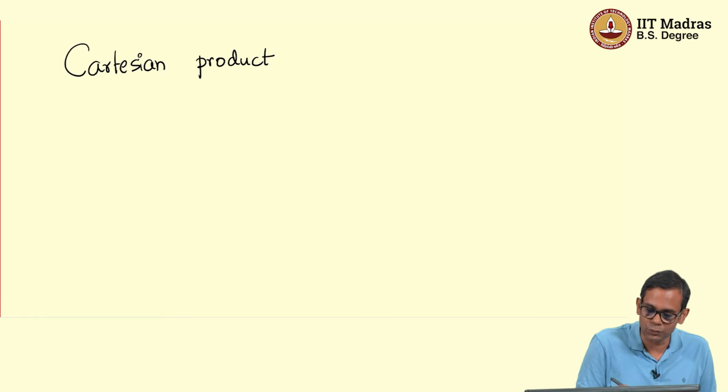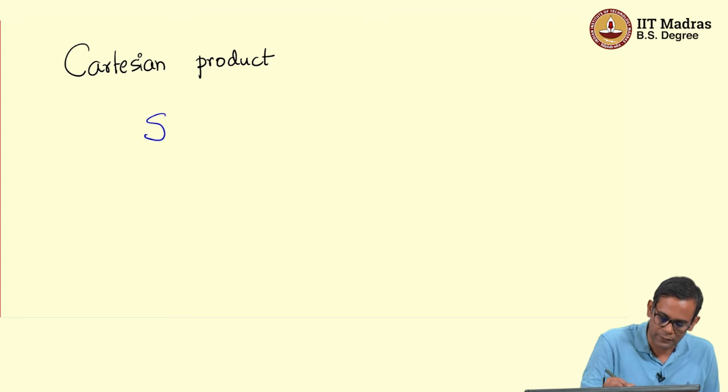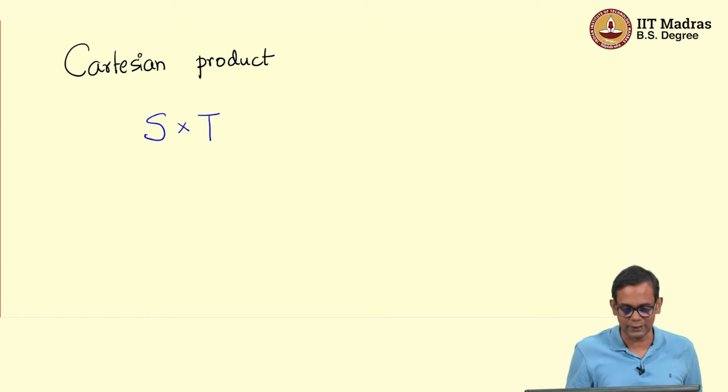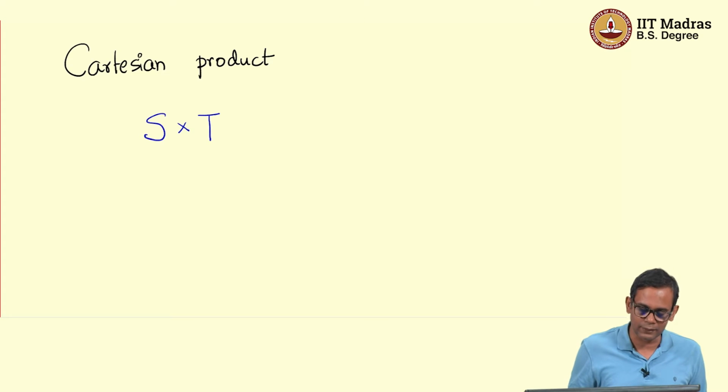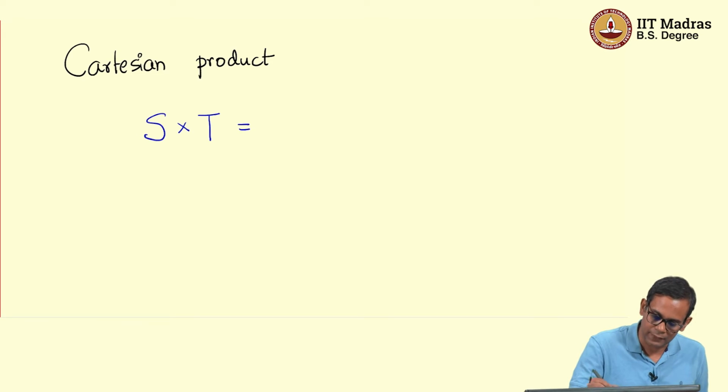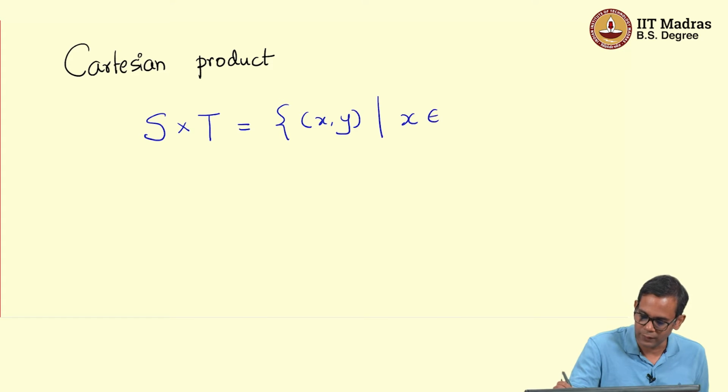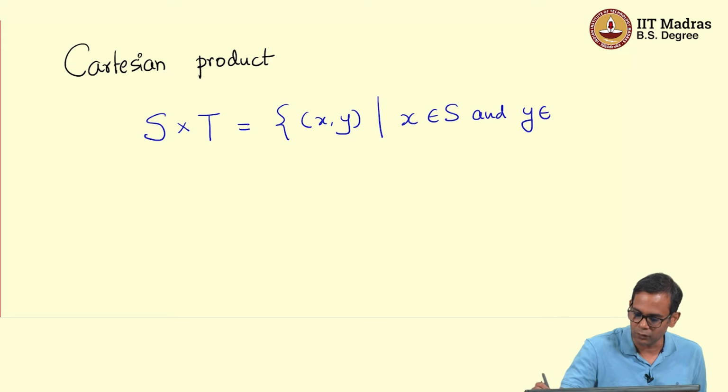So, if you have two sets S and T, then the Cartesian product is usually denoted as S times T. It is like a multiplication for sets, and an element of the Cartesian product is an ordered pair (x, y), where x belongs to S and y belongs to T.